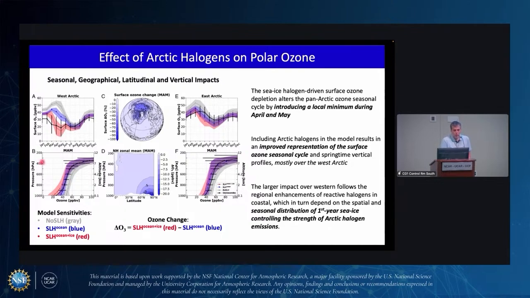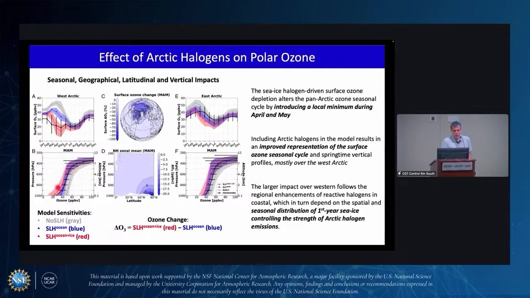We can also see that in the vertical profiles of ozone, when we do the average during March, April, and May. In the free troposphere, it basically doesn't matter if we use the oceanic or the oceanic plus sea ice simulation. The vertical profiles are more or less similar, but both of them show better agreement with observations compared to the no halogen configuration.